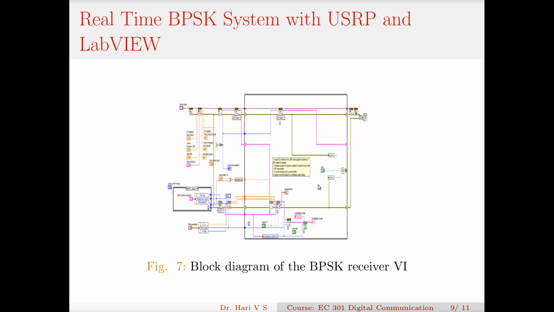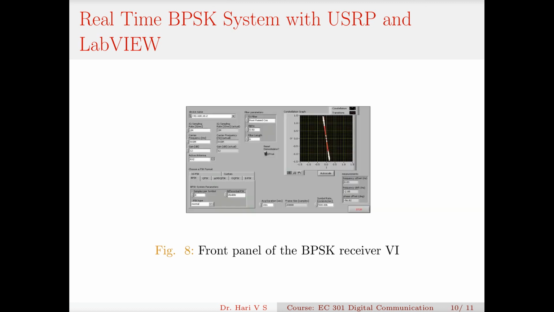If you look at the receiver, I have a block diagram here for the receiver. Once this block diagram is drawn, it is downloaded to the receiver USRP and resides in its FPGA. This is the receiver front end. Here also you can set the transmitter frequency, the IP address, and so on.